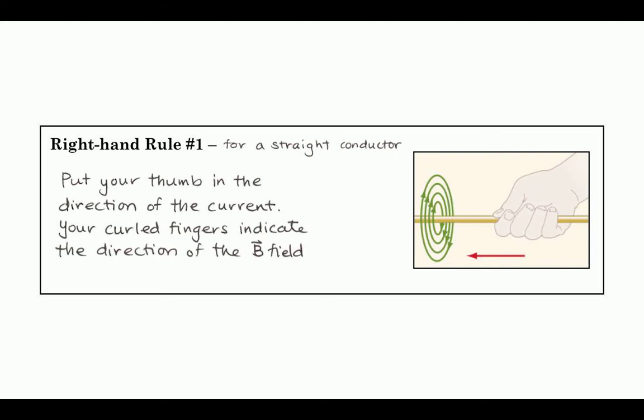Of course, we're always talking about conventional current flow, which is the flow of positive charge. Your fingers will indicate the direction of the magnetic field. That's right-hand rule number 1. In our course, this needs to be committed to memory. You just have to know what it is and when to use it.